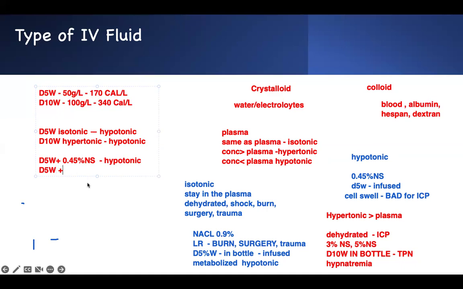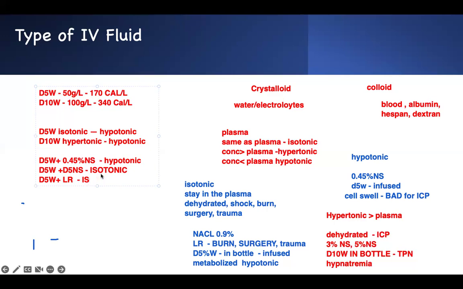It's different if it's D5 plus normal saline, right? This is hypertonic, but when you metabolize all the D5, you end up having an isotonic solution. The same thing with D5W plus LR: this is a hypertonic solution, but when you metabolize it, it becomes isotonic.